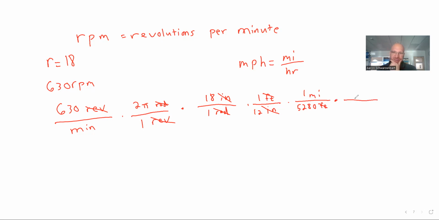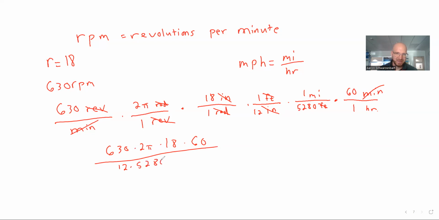And now, finally, I need to go to hours from minutes. Nope, backwards. Hours needs to go on the bottom. Minutes needs to go on top, so it'll cancel with the minutes at the beginning. 60 minutes and 1 hour. So when I do this, I get 630 times 2 pi times 18 times 60 over 12 times 5,280.